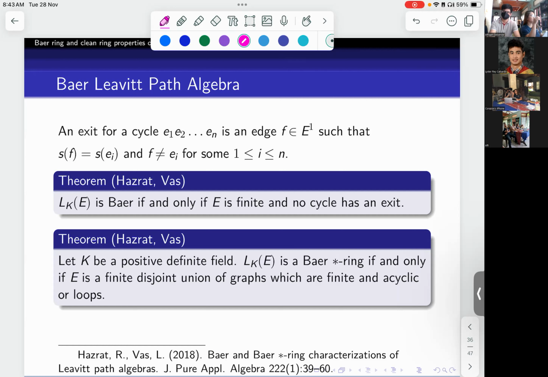Then the Leavitt path algebra is a Baer star ring if and only if the graph is a finite disjoint union of graphs which are finite and acyclic, or loops. So something like trees and loops.